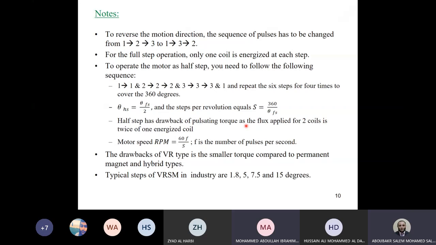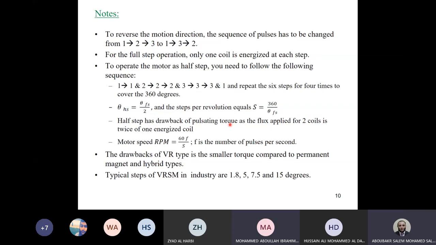What is the drawback of half step operation? For half step operation, we have pulsating torque. Why is it pulsating torque? Because as we described, we energize one coil, so we will have a certain torque. If we energize two coils, we will have higher torque.